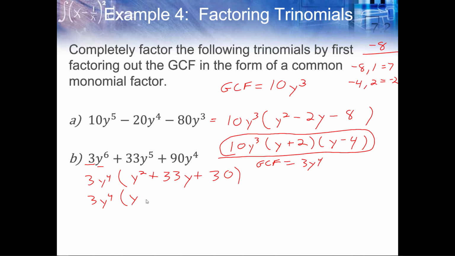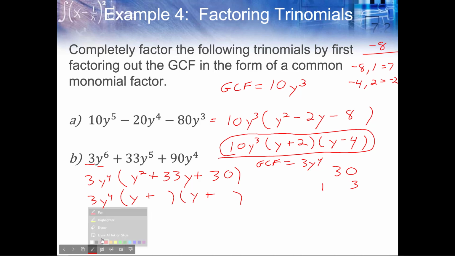So this is going to be y plus something times y plus something else. What's that something going to be? We need to find positive factors of 30. Well, 1 is 1 times 30. That sums to... wait a second, this is a mistake. This should be 11, not 33.